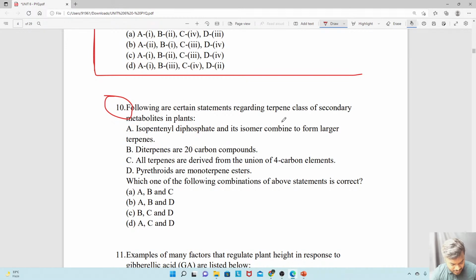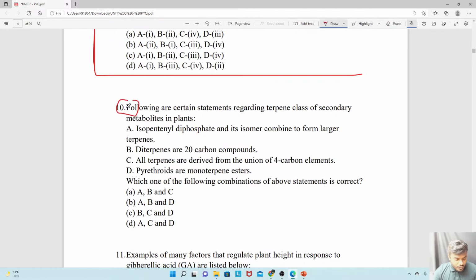Slowly. Oh, Jayashri already given the answer. Check dear, check. Don't be in a hurry. Amazing. Okay.